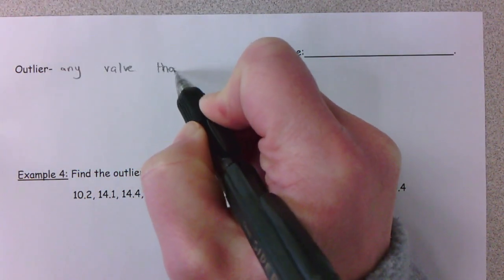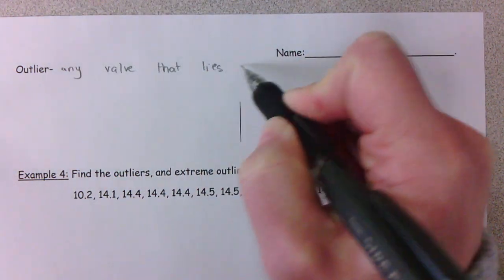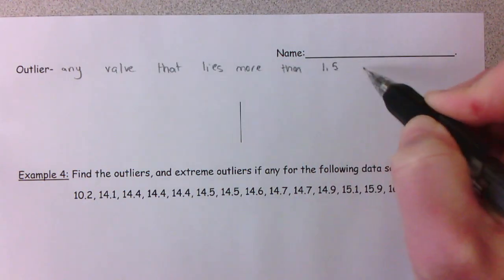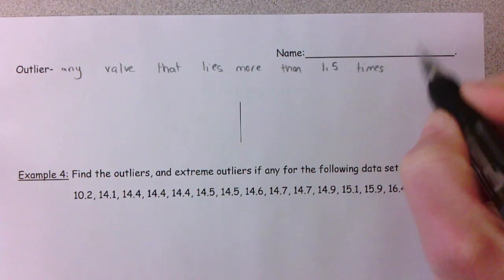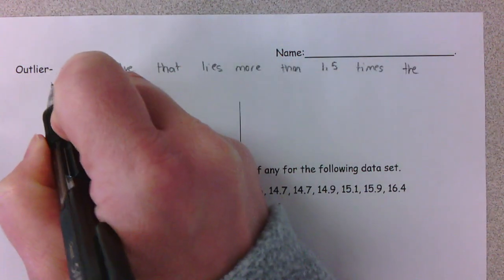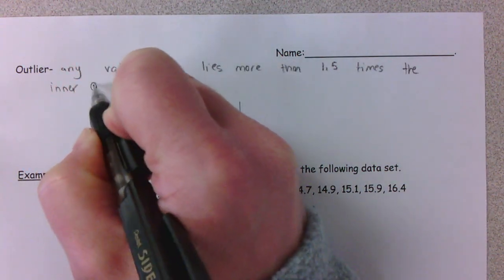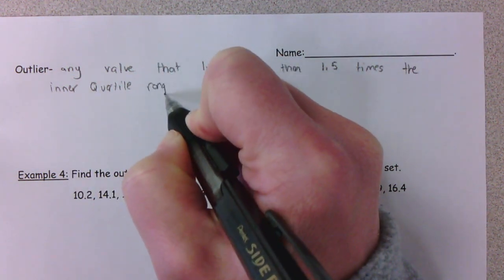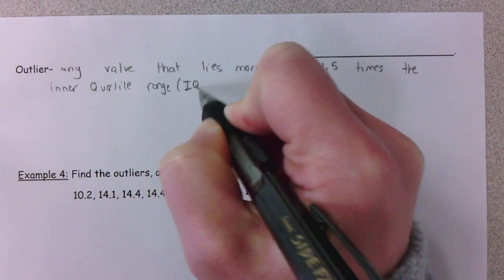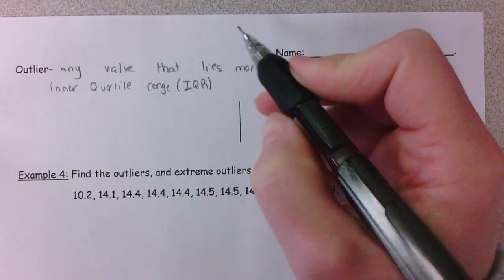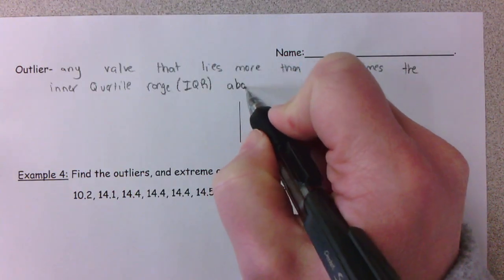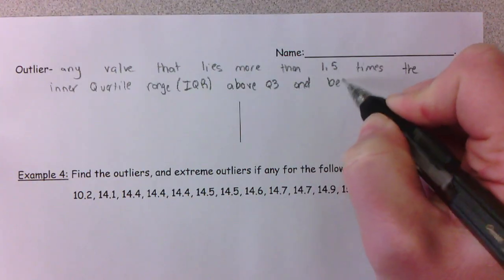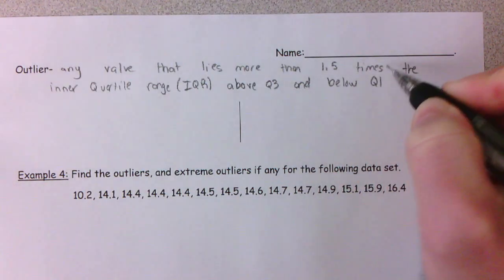that lies more than 1.5 times the interquartile range, which I'll denote as IQR, and I'll go over that, above Q3 and below Q1.